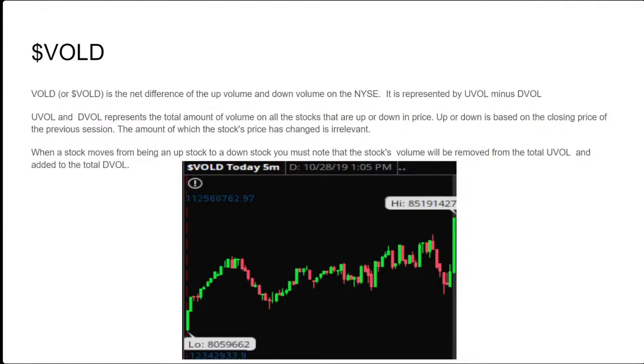So the amount by which the stock's price has changed is rather irrelevant. So it's more of a broader type of indicator. It's not as precise as, for example, the NYSE TICK. But this just gives you a rough estimate of how the market really is. We don't really use this one too extensively.